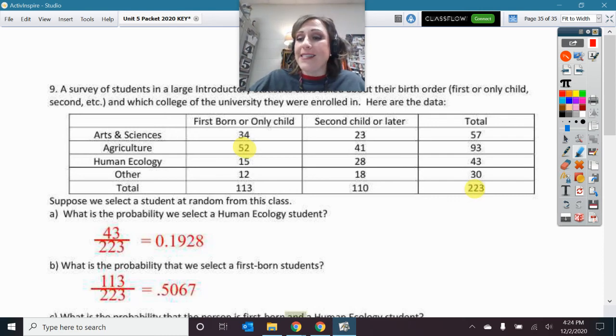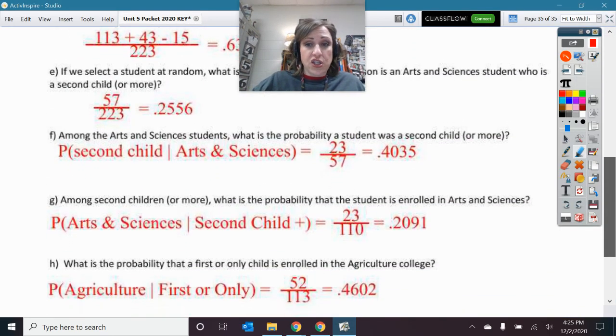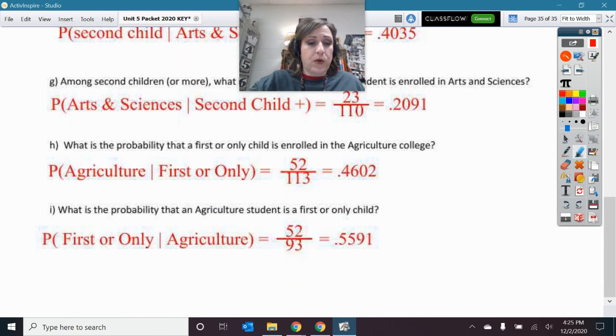No, that's saying out of all the 113 firstborns. So that's the fact I'm telling you first and foremost. And of those 113, who were the agriculture students, there you go, right there. Okay? So next, what's the probability that an agriculture student, so that's out of the agriculture students, there's 93 of them. What proportion of those were the first or only, those 52?